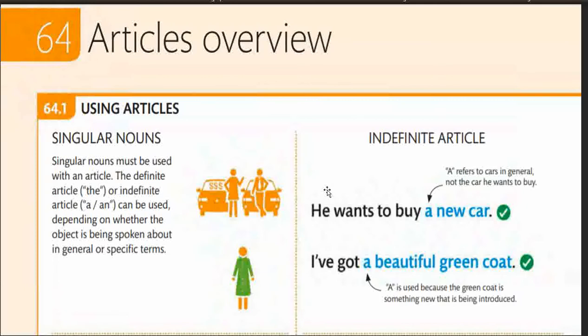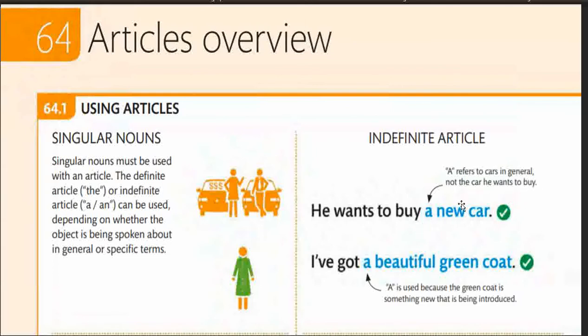Let us see one of the examples that we have here for indefinite articles. He wants to buy a new car. Over here a is used, that means a countable number, and it is singular. A refers to the car in general, not the car he wants to buy.